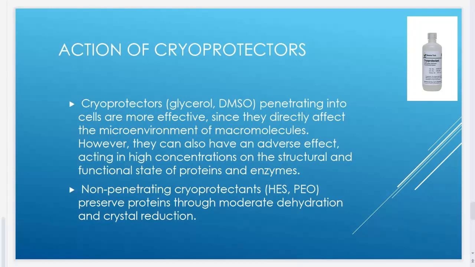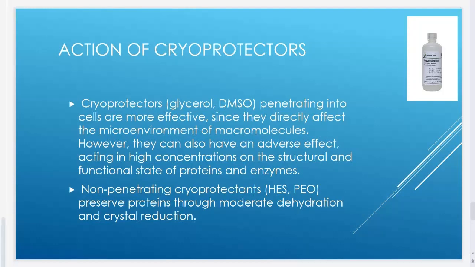Cryoprotectants have a direct stabilizing effect on proteins and enzymes. This is due to the fact that cryoprotectants lower the freezing point and prevent crystallization, recrystallization, dehydration of molecules, and the effect of salts on them. Penetrating cryoprotectants, for example glycerol and dimethyl sulfoxide, are more effective since they directly affect the macroenvironment of macromolecules.